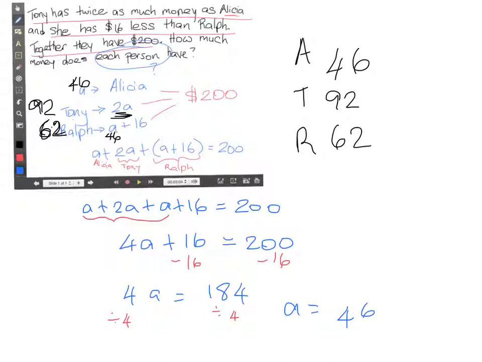When you add up how much money they all have, you should get 200 altogether. And it is true that you do in fact get 200 altogether. And it is true that Alicia has 16 less than Ralph, and Tony also has twice as much as Alicia. So this all looks great, and we're done.